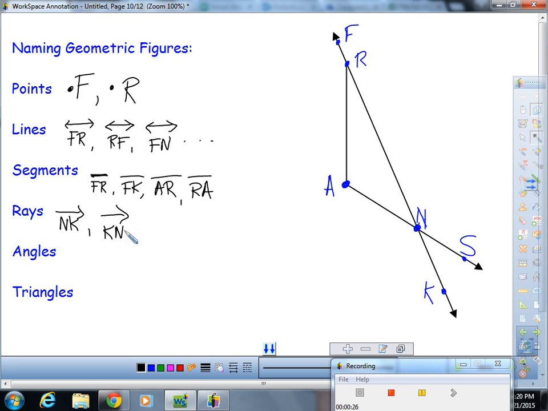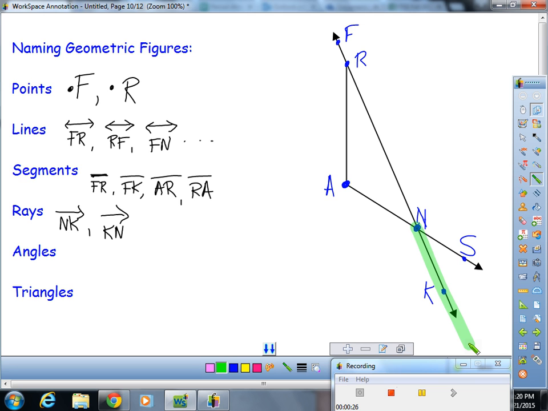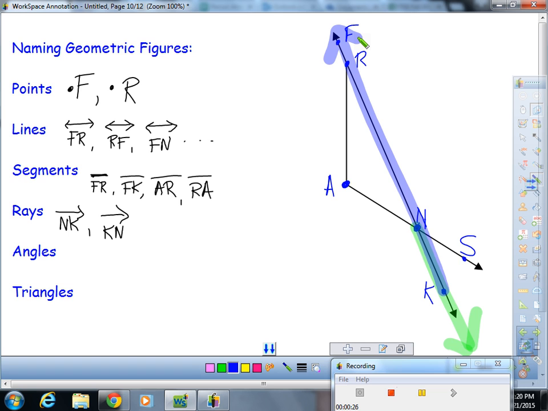NK is the set of all points that starts at N and travels towards K in an infinite direction. That green highlighter with the arrow represents ray NK. Whereas ray KN starts at K and travels infinitely in the direction towards N. That blue arrow represents ray KN.